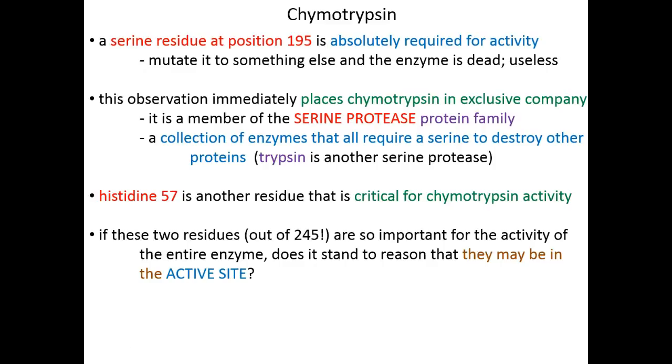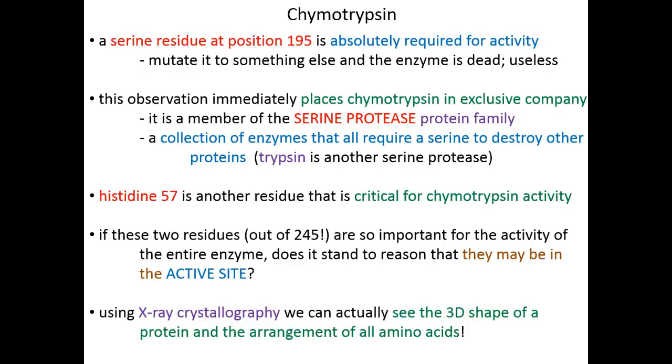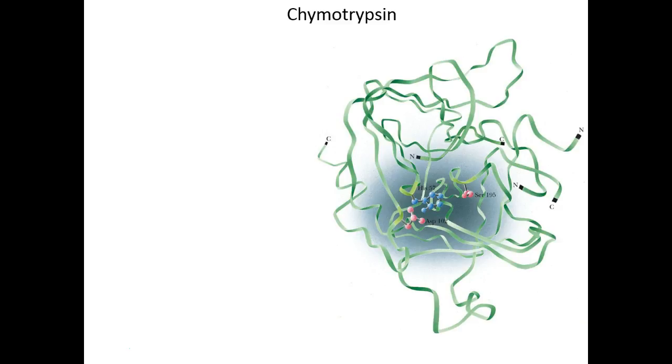You probably would. It seems as though these two amino acids are critical for the catalysis of chymotrypsin, and indeed, that's so. Using X-ray crystallography, the three-dimensional structure of chymotrypsin has been determined, and indeed, we see serine 195 and histidine 57 smack right there in the middle of the active site.